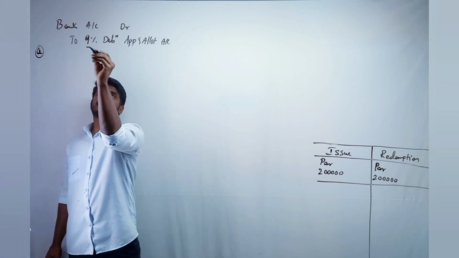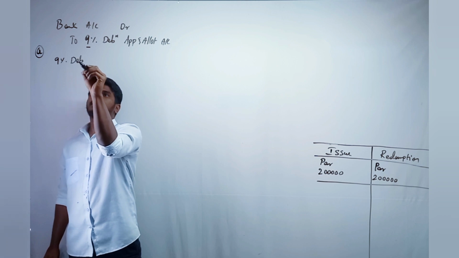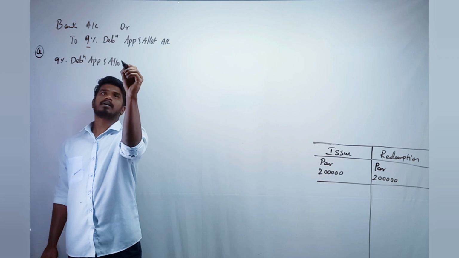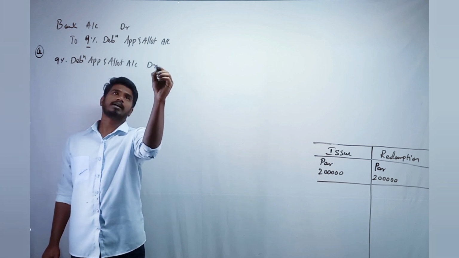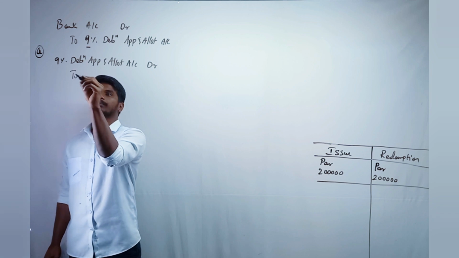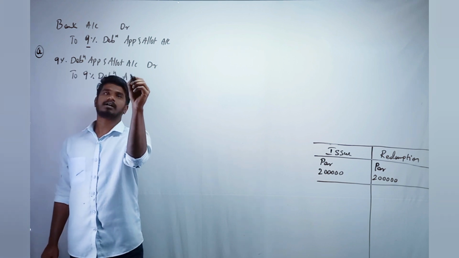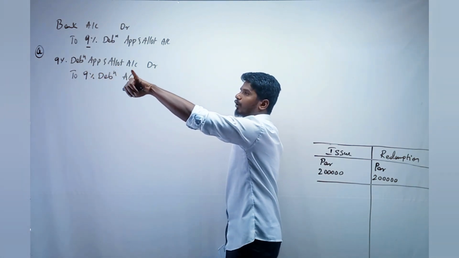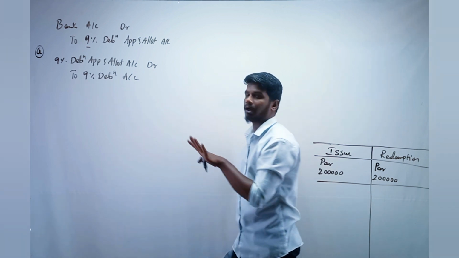The next entry, clearly, just reverse this entry. 9% debenture application and allotment account, it will be debit to 9% debenture account. 9% debenture application and allotment account debit to 9% debenture account.